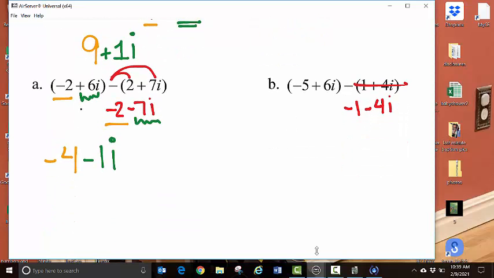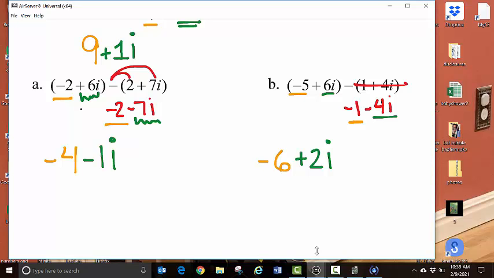Next one. The 1 and the 4 became negative. So negative 5 plus negative 1 is negative 6, and 6 plus negative 4 is positive 2.